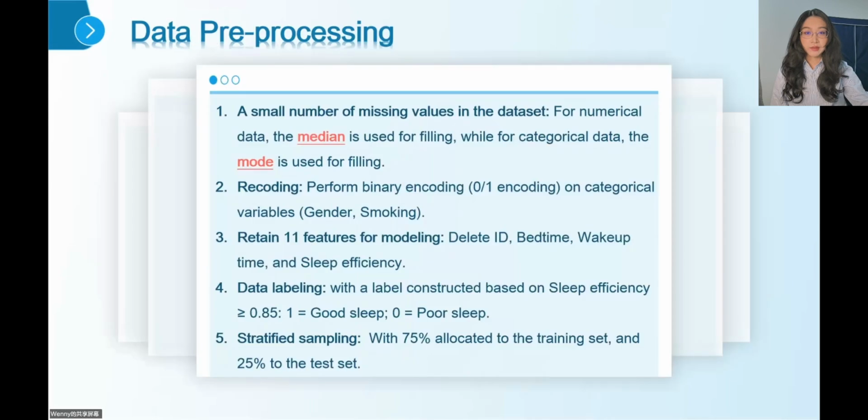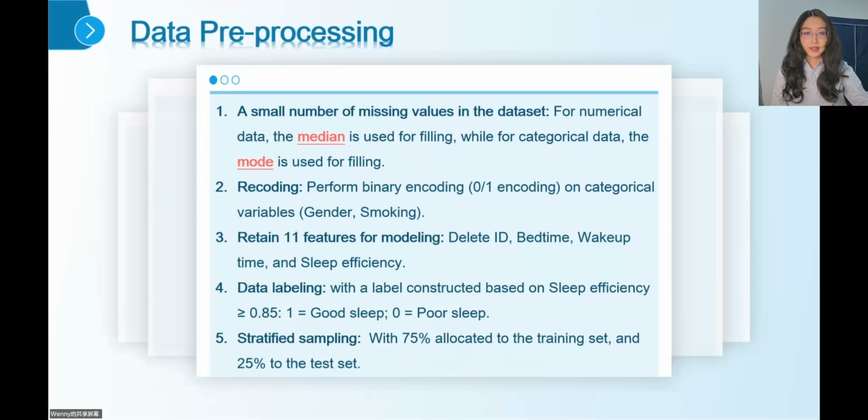The specific data pre-processing steps are as follows. First, for the missing values, I use the median for numerical data gaps and the mode for categorical data gaps. Second, I perform binary encoding on categorical variables, such as gender and smoking status.